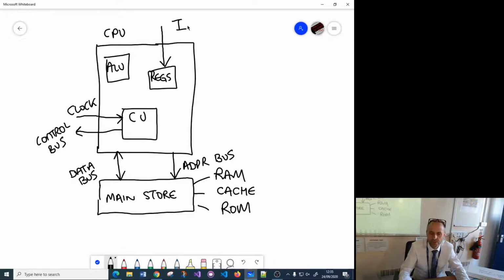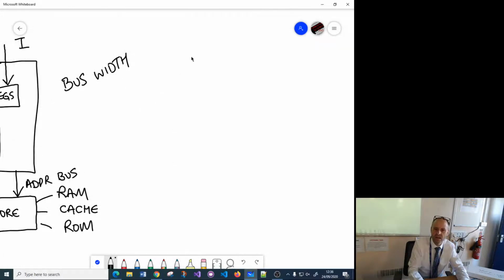The other thing that we talk about when we talk about the buses is bus width. They tend to start asking about this, but you need to understand it. It's important. So if we talk about the address bus first, what does the width determine?